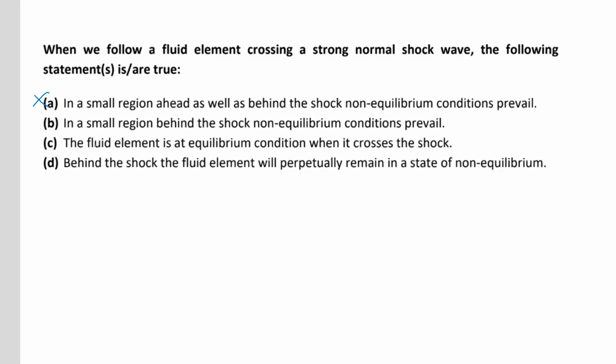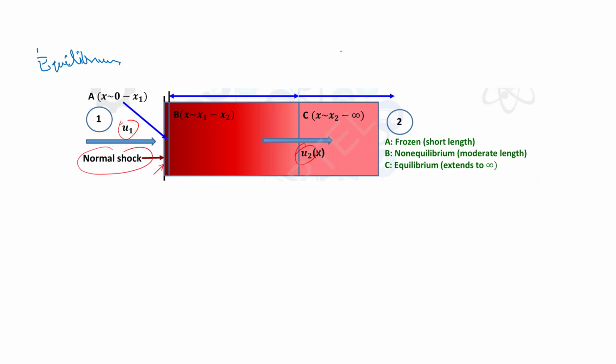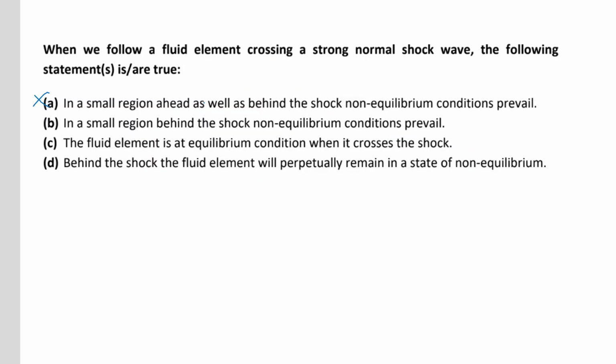Option B, in a small region behind the shock, non-equilibrium conditions prevail. You can see that for a small region behind the shock, the non-equilibrium conditions prevail, after the frozen region. So this statement is true.